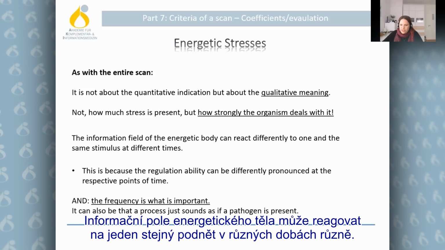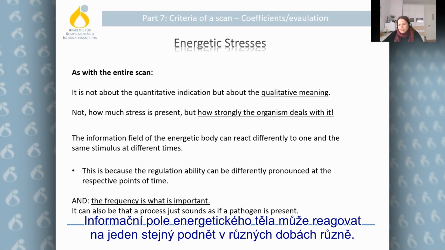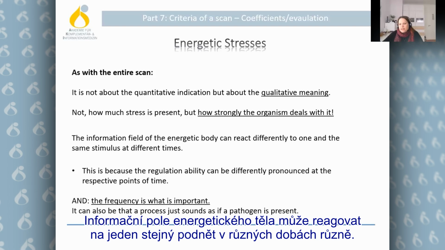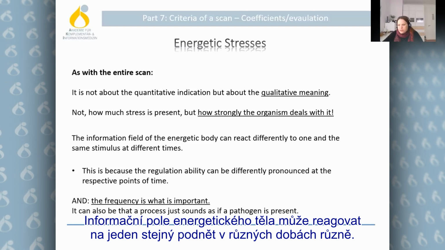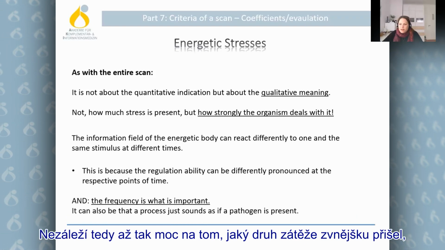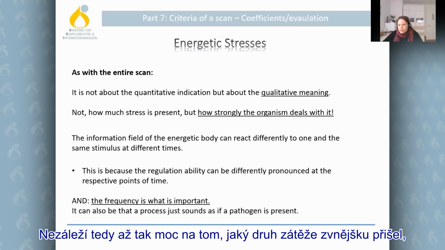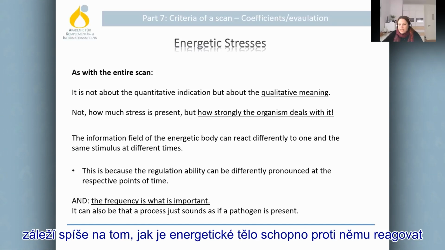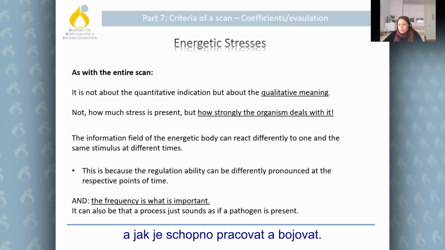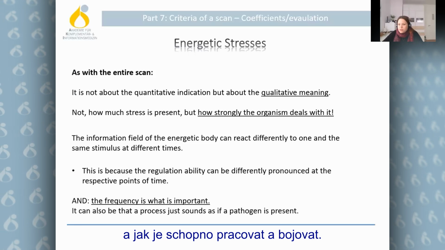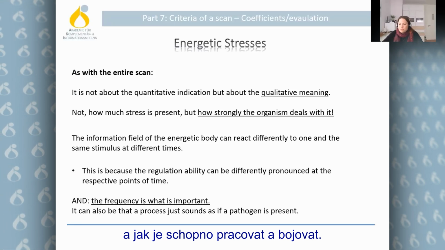So the information field of the energetic body can react differently to one and the same stimulus at different times. It doesn't matter what kind of stressor comes from outside. It matters how the energetic body is able to react against it, and how able it is at this moment to work and to fight.